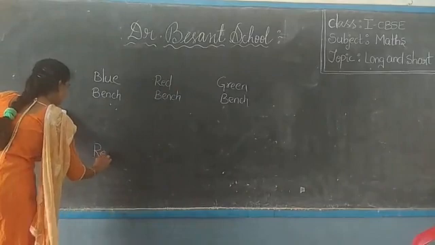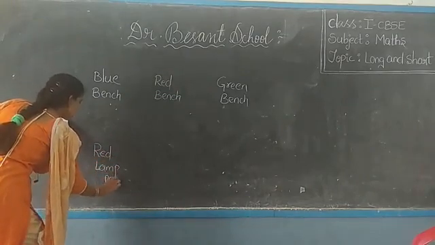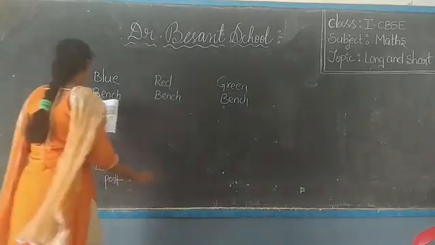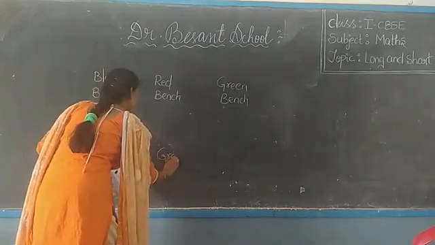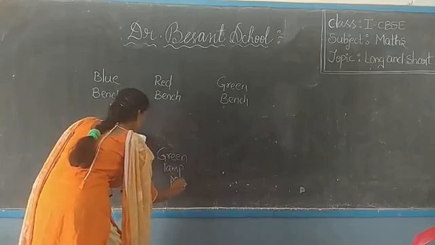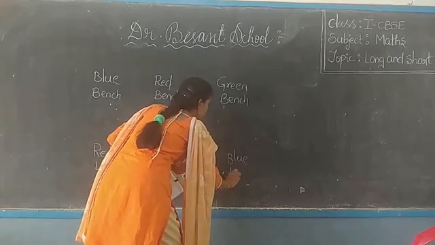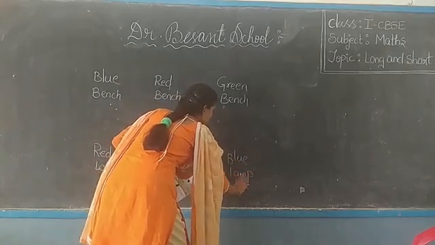First one is the red lamp post. Second one is the green lamp post. And the last one is the blue lamp post.